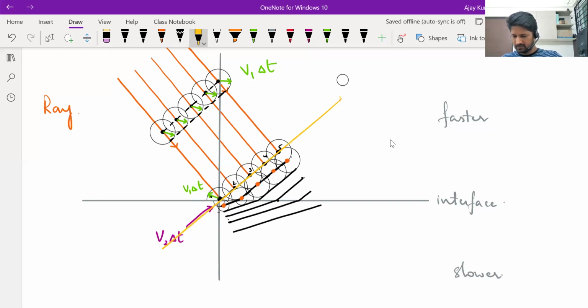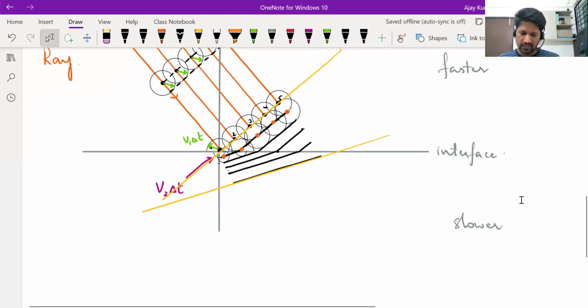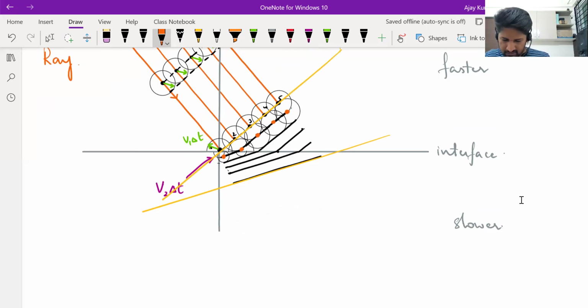Finally, when the light enters into the second medium, the wavefront is along this line. And you know, wave direction has to be perpendicular to the wavefront direction. So light that enters into the second medium effectively travels perpendicular to these wavefronts. So it effectively travels like this.